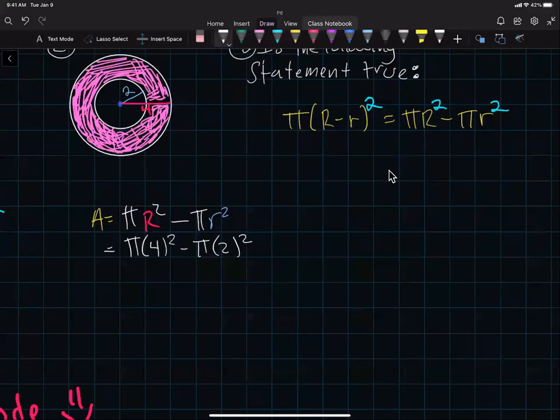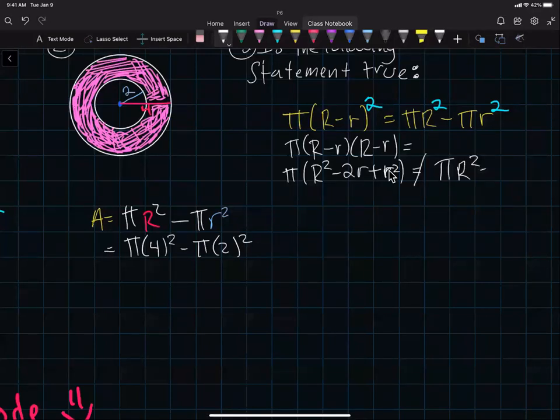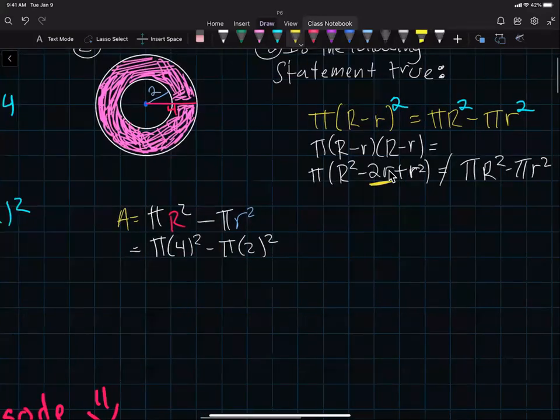This is going to be the same thing as pi times (R minus r) times (R minus r), and that's equal to pi times (R squared minus 2Rr plus lowercase r squared), which is not equal to pi R squared minus pi lowercase r squared. So you have an extra term here in the middle. All right, so again, please try to remember this. They are not equivalent. Trust me, you will see this very often in today's lesson. And I just want to make sure that I help you see why this is not true.